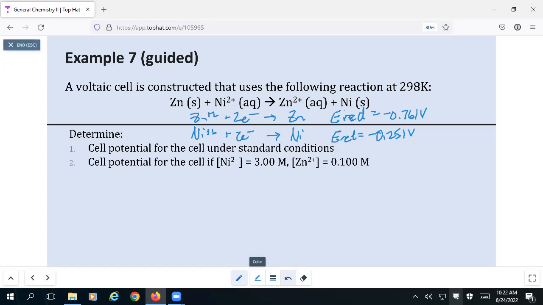So we can see from the equation itself that the nickel is the cathode and the zinc is the anode.